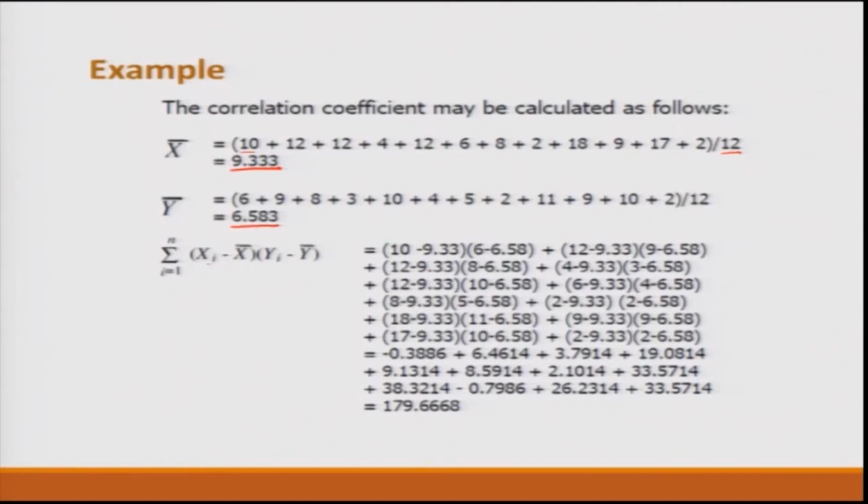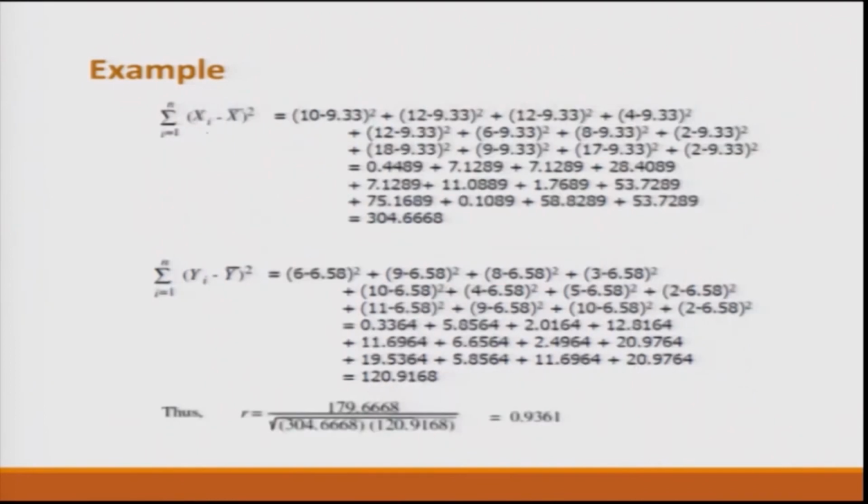We can calculate xi minus x bar into yi minus y bar in this way: 10 minus x bar into 6 minus y bar, 12 minus x bar into 9 minus y bar. This whole calculation is done here and this value comes down to 179. Similarly, we calculate xi minus x bar square for all the observations, yi minus y bar square, and we calculate this r.